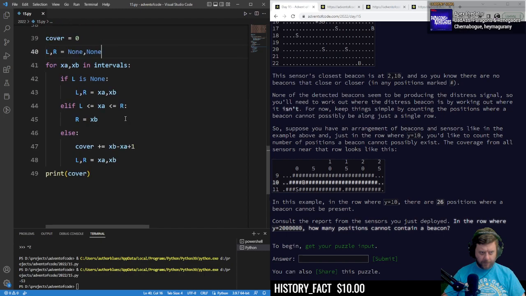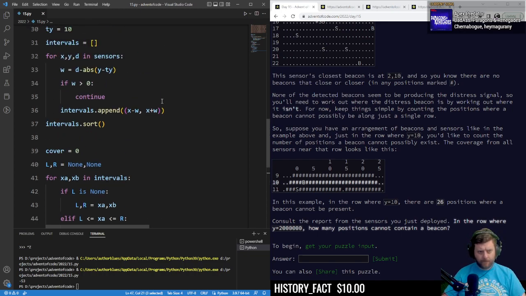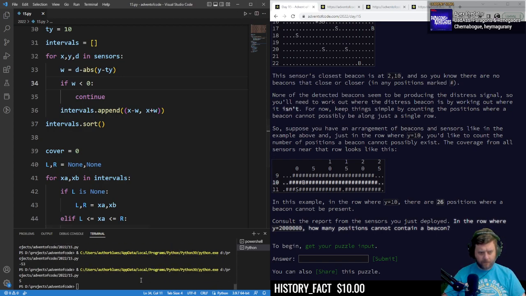Okay, so it said negative 53, which is definitely wrong. This time it says 5.